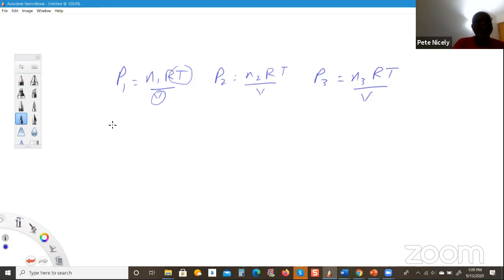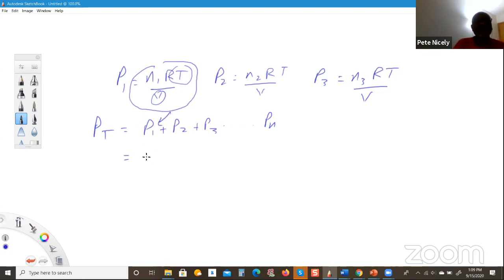As we said before, according to Dalton's law of partial pressures, PT would be equal to P1 plus P2 plus P3 all the way to Pn. What I'm going to do is plug each of these terms into their respective positions in that equation.